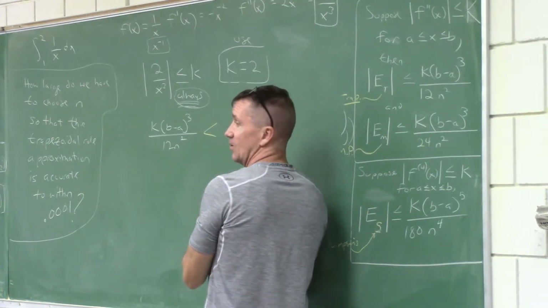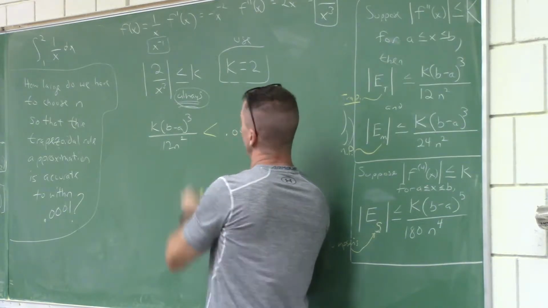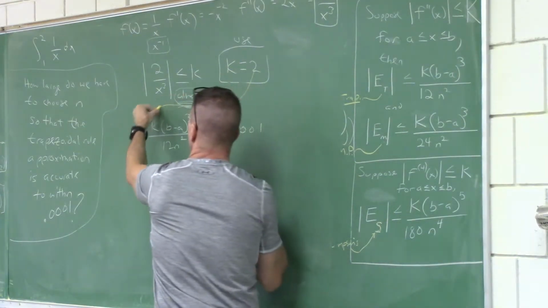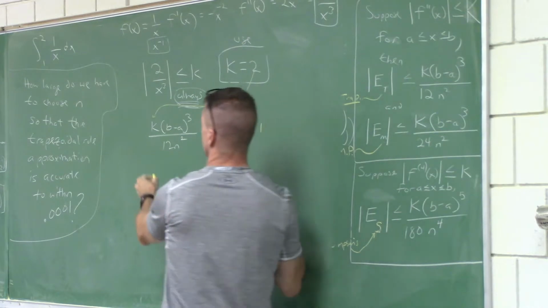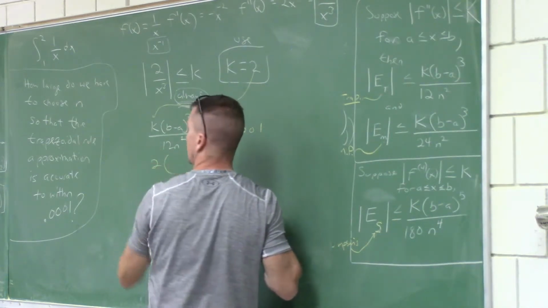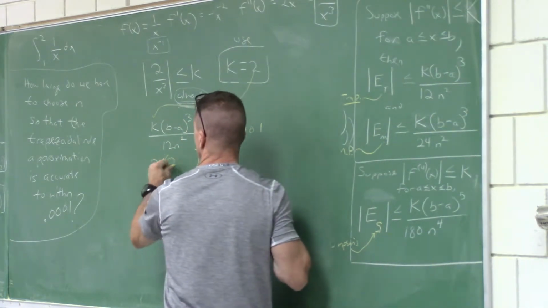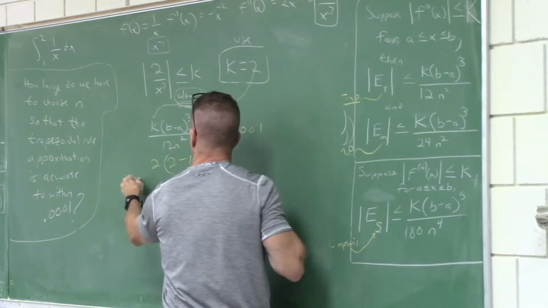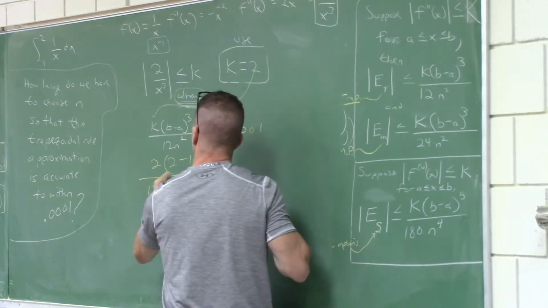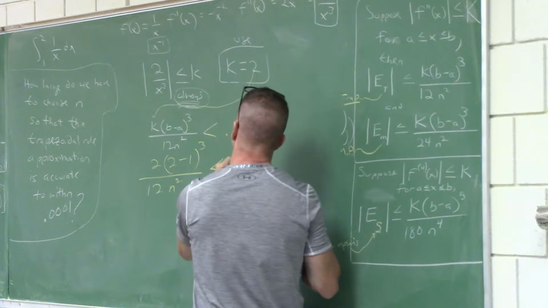This is all we're going to do, everyone. This is not going to be hard to solve. What's the k value we're using? 2. Let's start plugging in the numbers. 2. What was b minus a? 2 minus 1 cubed. 12 n squared less than 0.0001.